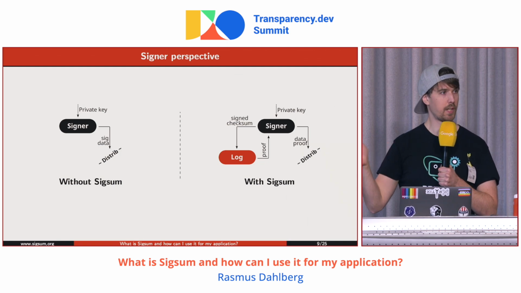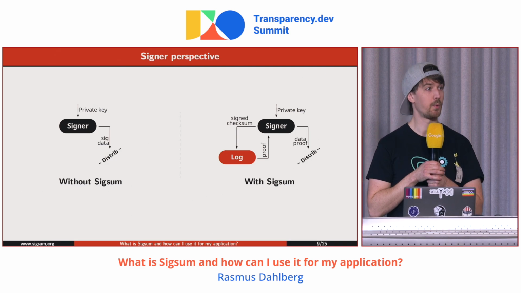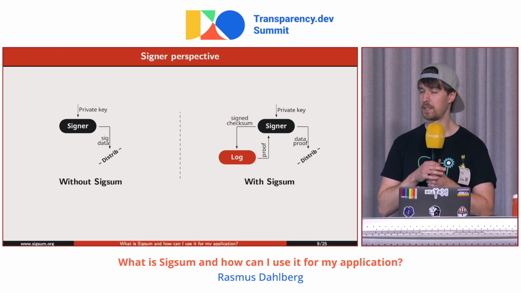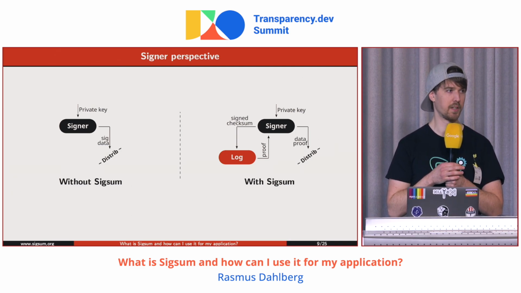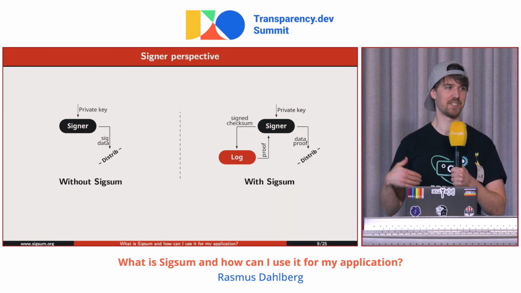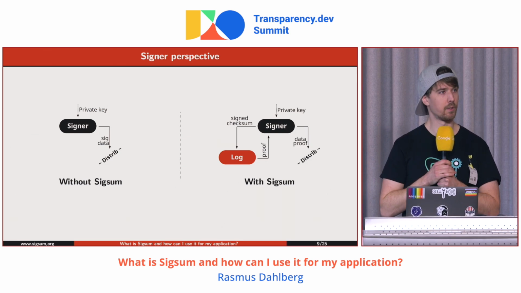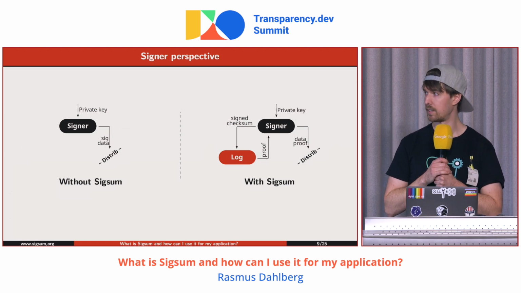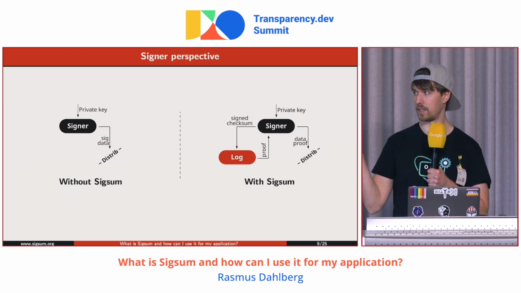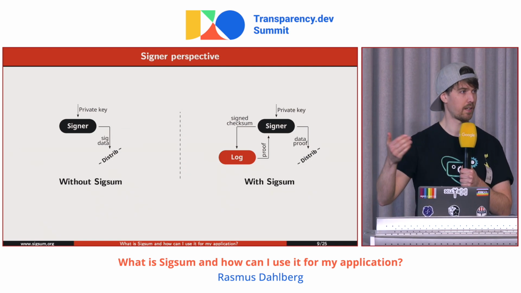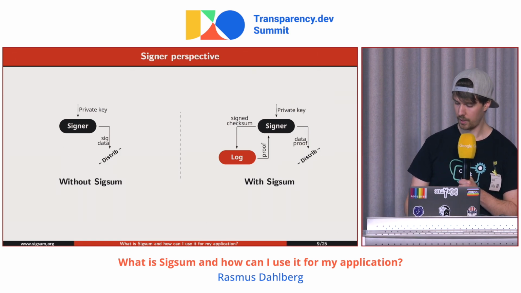And then after a few API calls, you're going to get back this proof that we were talking about earlier, which is basically just the signature, encoded as a proof, and you're also going to be convinced that it's a transparent signature. Then you can put this out on your distribution mechanism again, and it's similar to before. Instead of having the data and the signature, just put the data and the proof instead.